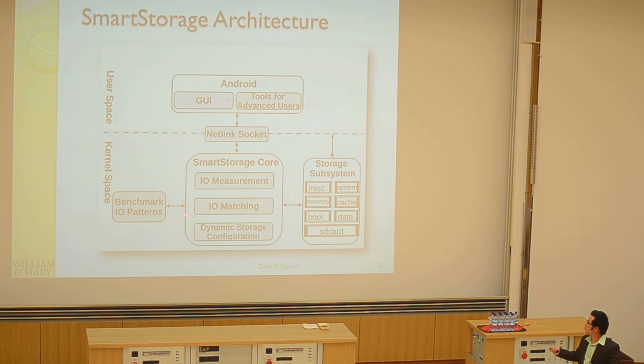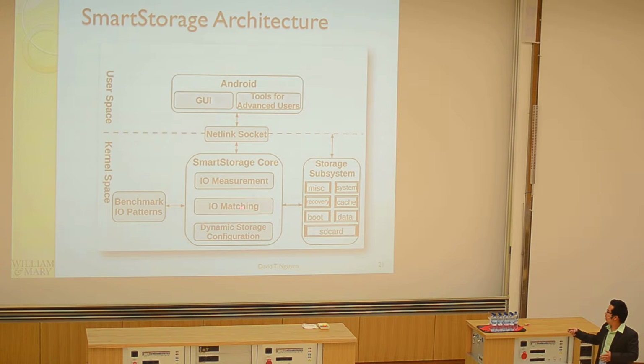We have two components. One is the smart storage core, and the second is the benchmark I/O patterns. The smart storage core has three submodules. First, the I/O measurement module, which, as it says, tracks the runtime I/O pattern.